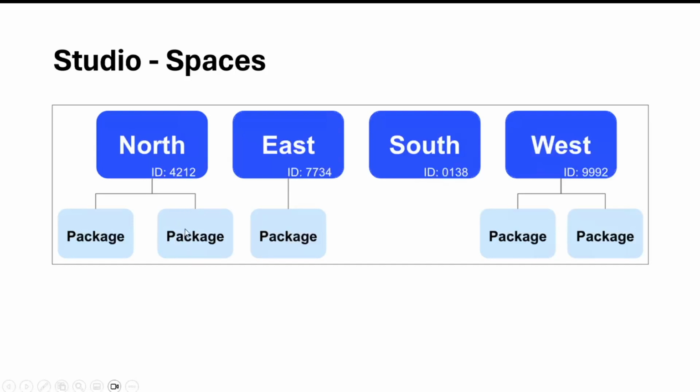Yeah. So now let's quickly look into the package. Within a space is the package. This helps you to further organize your content around common use cases or themes. You can create and manage multiple packages within a space, with each package having a unique ID and set of permissions to control who can access it. So you can do access control at a package level also. A package typically contains the assets, settings, and functionality for your dashboard or app.